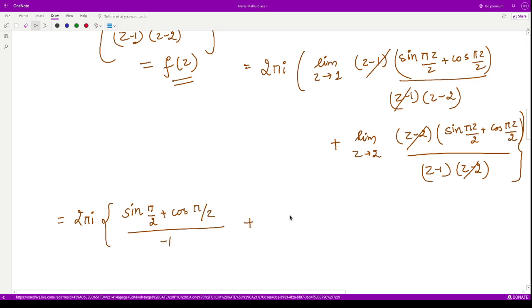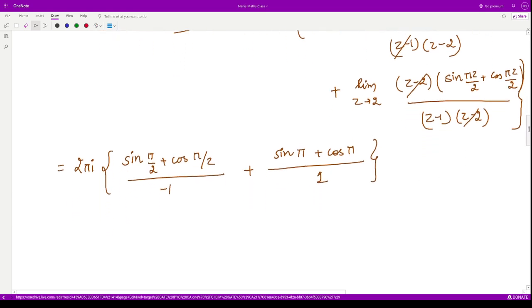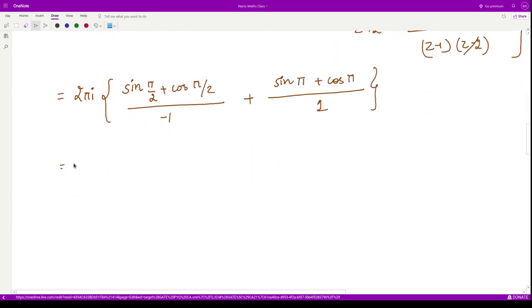And similarly in the second case, when you substitute z is equal to 2, you would have sin(pi) plus cos(pi) divided by 2 minus 1, so that would simply be 1. We all know the value of sin(pi/2) is equal to 1, and the value of cos(pi/2) is 0.